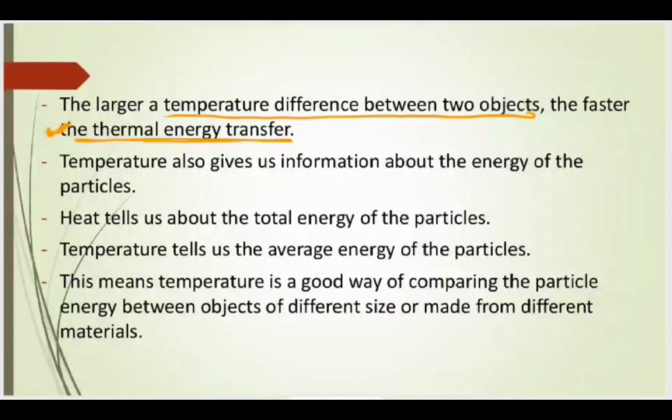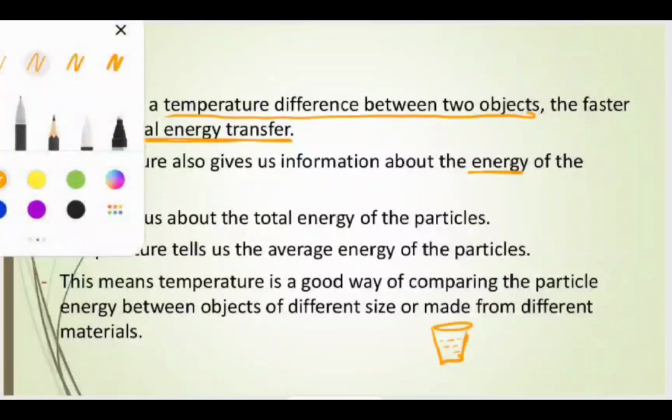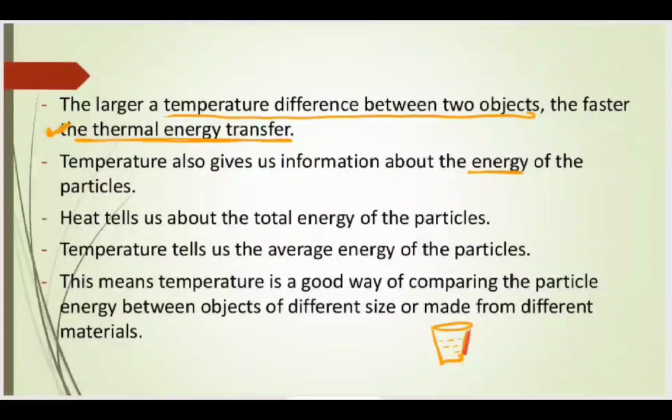The temperature also gives us information about the energy of the particles, like we just discussed, and the direction in which the energy is flowing. So if I have a glass which has hot water, here on the sides the energy is dissipating.